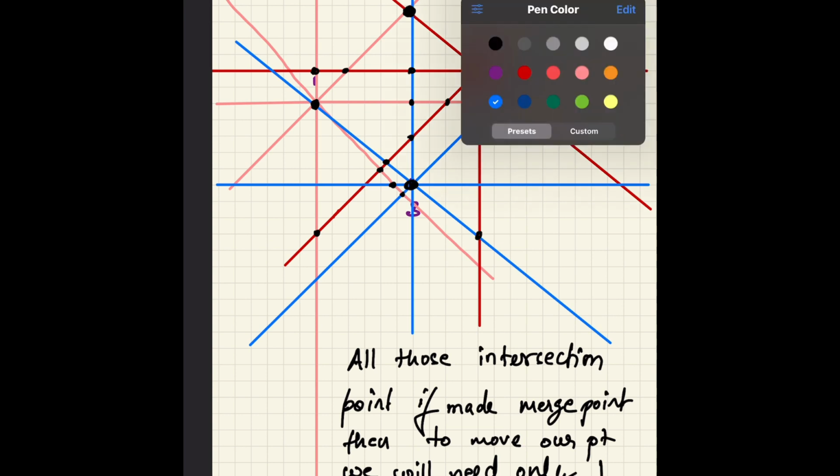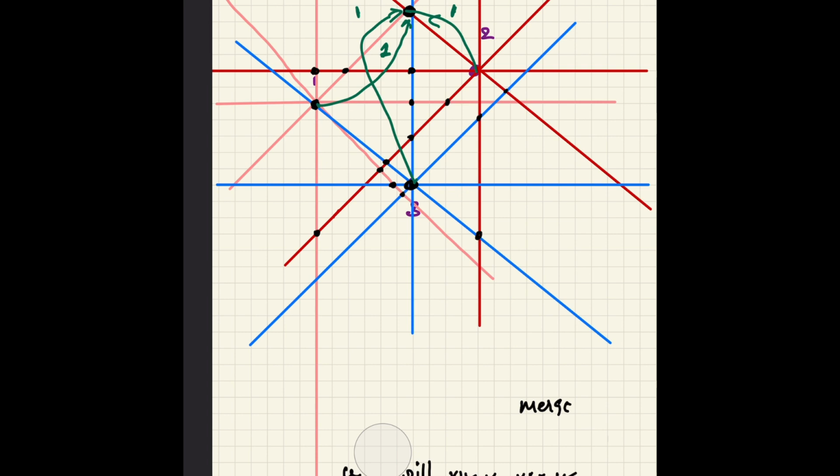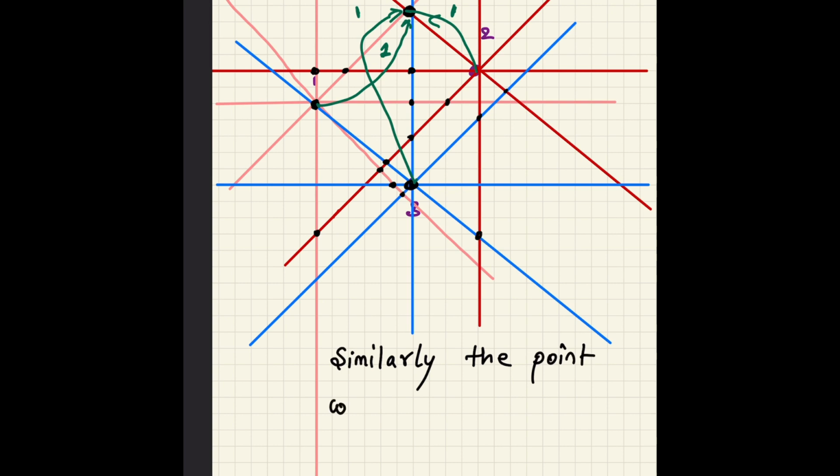And how will we do that? We will take pairwise possibilities and then calculate for each. Like at this point, 1, 2 and 3 are all intersecting. So for all those we will need only one step each, and the total cost will be 3 steps.